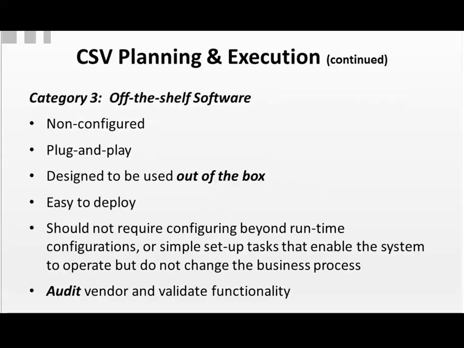So with Category 3, the off-the-shelf, out-of-the-box, you want to make sure you audit the vendor and validate the functionality. You want to make sure that you send out at least a vendor questionnaire, and every 2 years check in with them to make sure that they're still practicing things in a way that meets your compliance requirements.